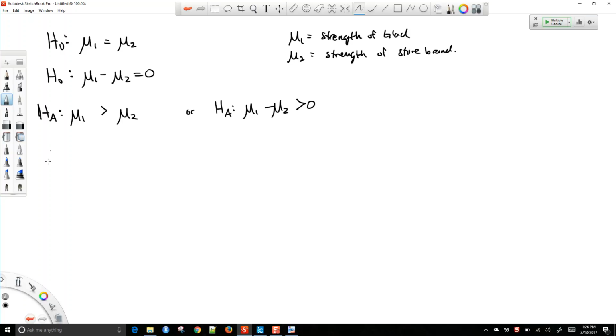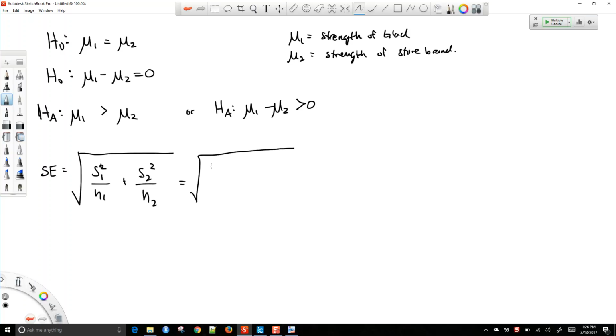All right, then we go through and set up our standard error. Our standard error is the square root of S1 squared over N1 plus S2 squared over N2, right? So S1 is 4.5, we square that and divide by the size of our first sample, 15. The other one, 3 squared, divided by the size of that sample, which was 15.